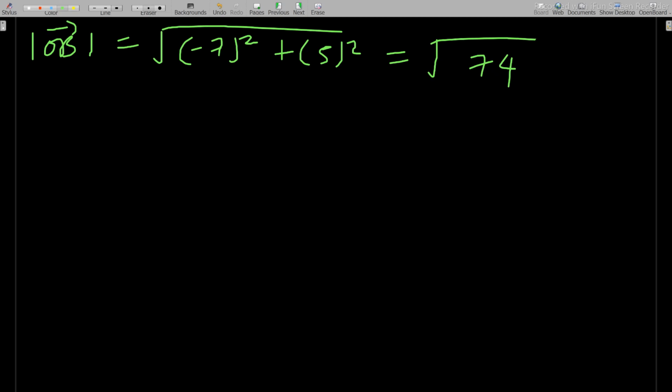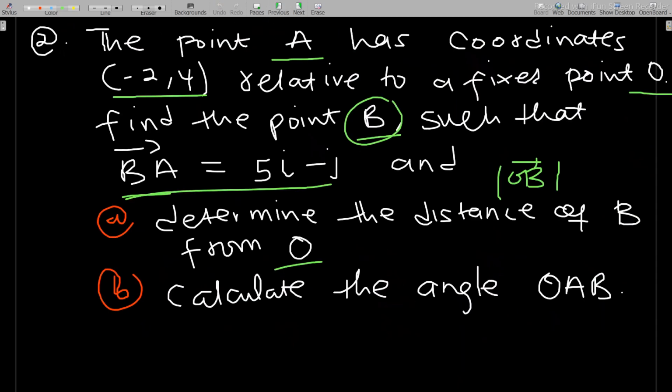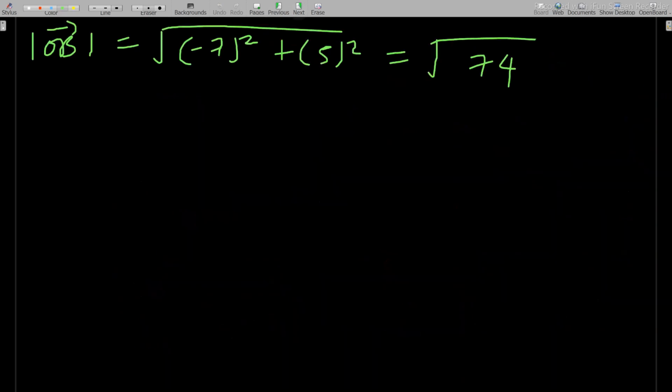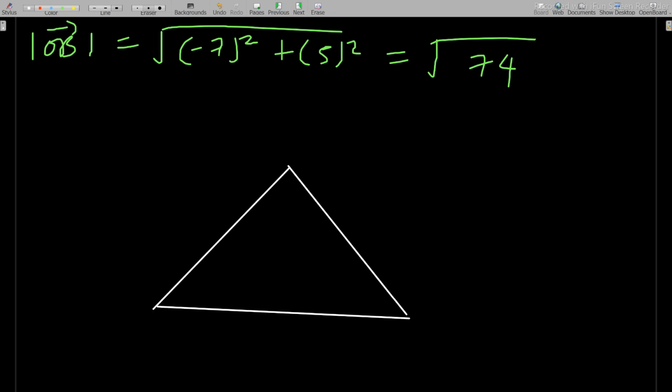Now the last question is saying that we should calculate the angle OAB, so we can draw the triangle in the right way, okay. So let me draw the triangle properly for you to see, so that we can use some formulas to calculate our angle. So if I draw the triangle, it looks like this one, okay, and I have this here, and I have this here as well, okay.